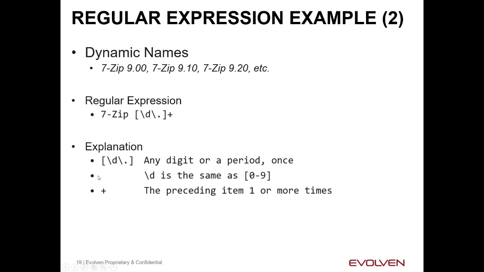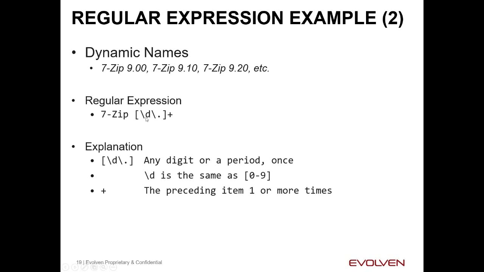Let's look at another example. In this case, we had that 7-zip, 9.00, 9.10, 9.20, etc. So here we did something a little bit different, although it's very similar. This \d part is the same thing as 0-9.